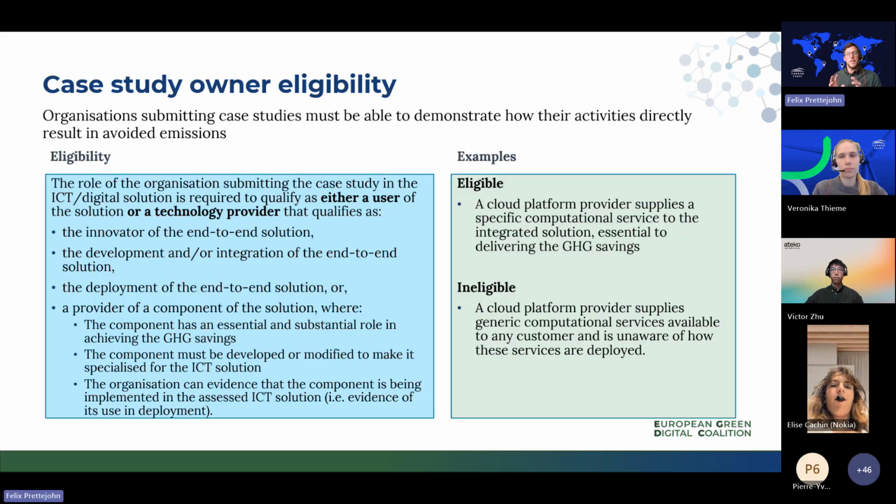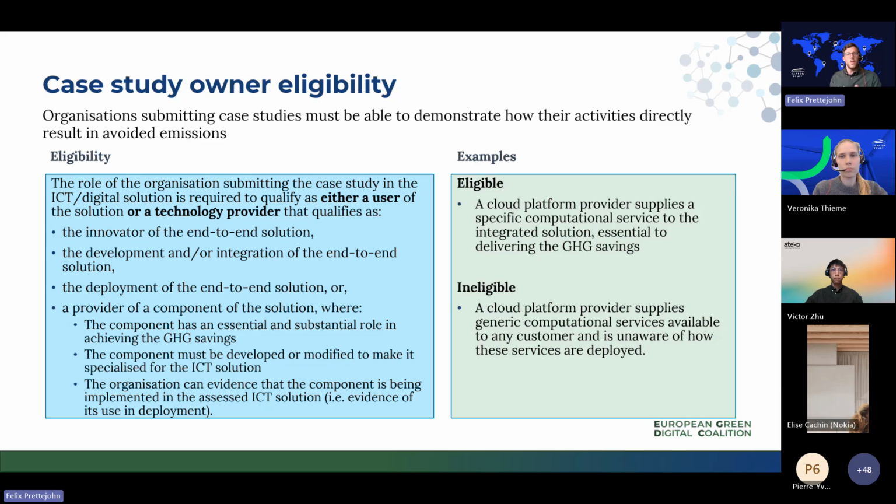So the solution itself has eligibility criteria, but it's also likely that if you're submitting a case study, you'll want to be involved in a publication of the results. And to do this, there is some criteria around the role of the organization or the case study owner. This is because there are long supply chains within technologies, and at some point we need to have a cutoff.